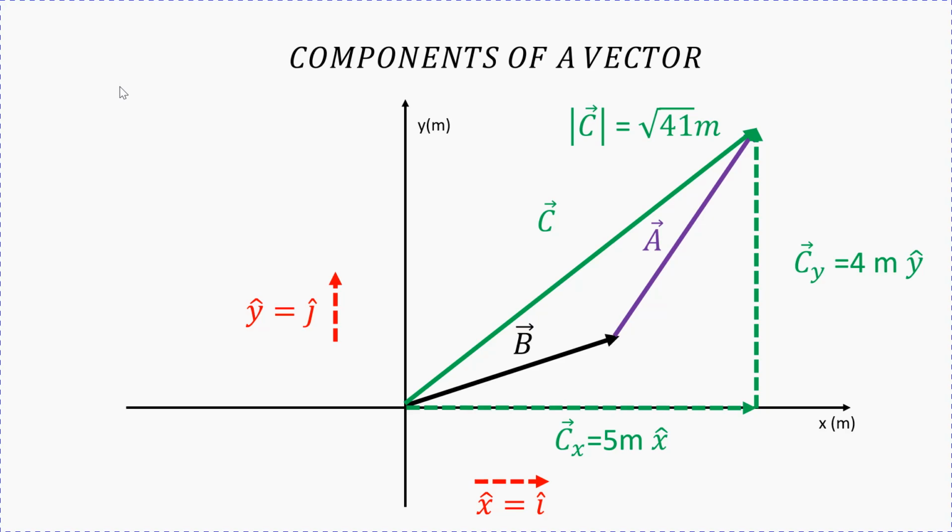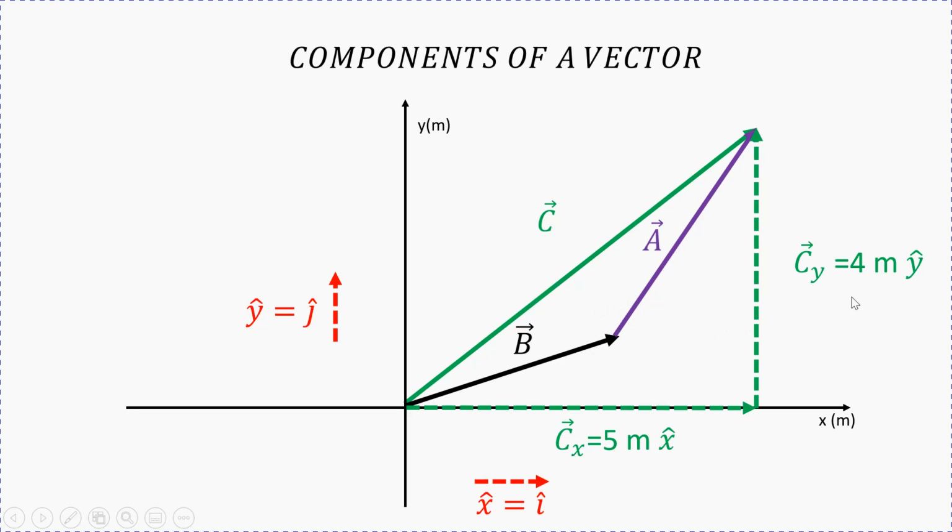Next, you use the Pythagorean theorem because you want to find the magnitude of C. There's just another method to find the magnitude of C: you could use the cosine law, but you have to know this angle, and you can find this angle given what was given to you before.